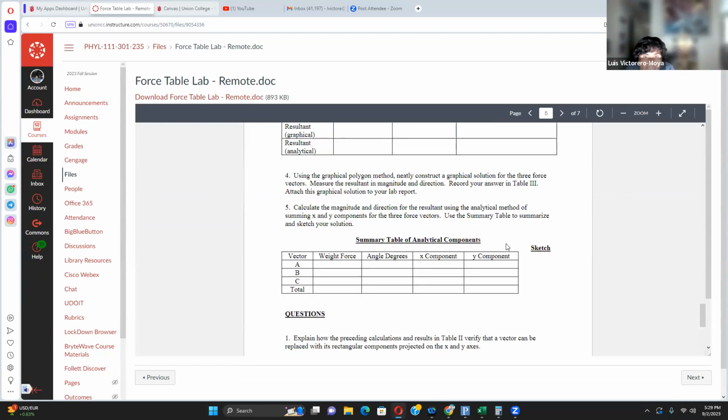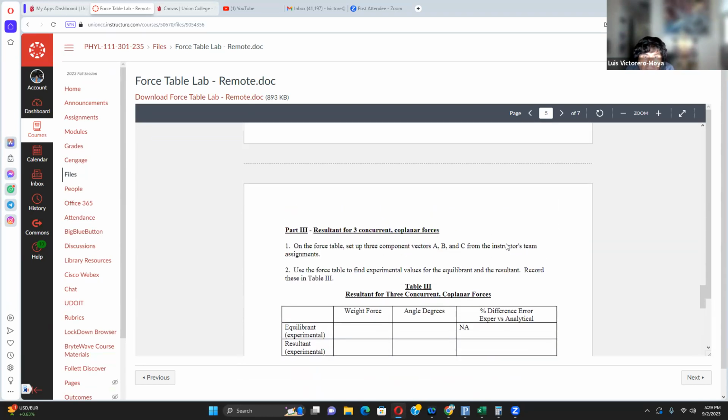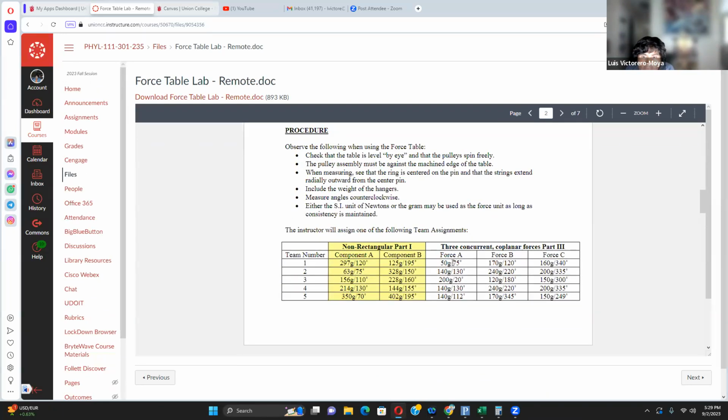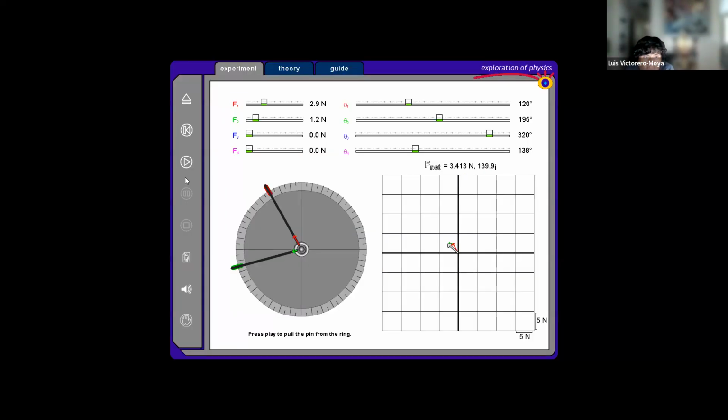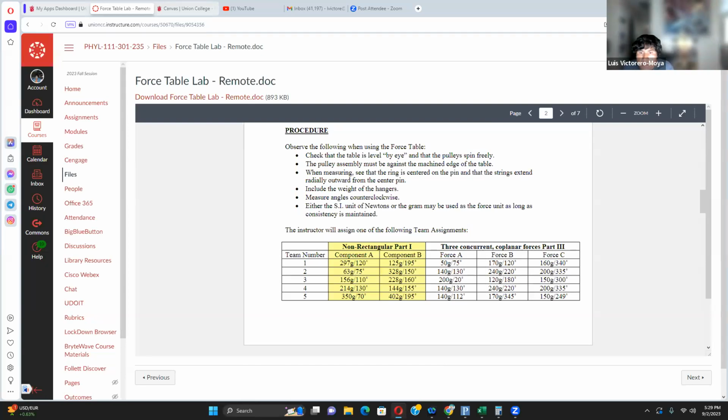The last experiment is when you are given free forces. So again, you can use 50, 170, and 160. And the procedure is the same. But for that, you're going to use the free force and free angles here, right? So let's estimate this very quickly.